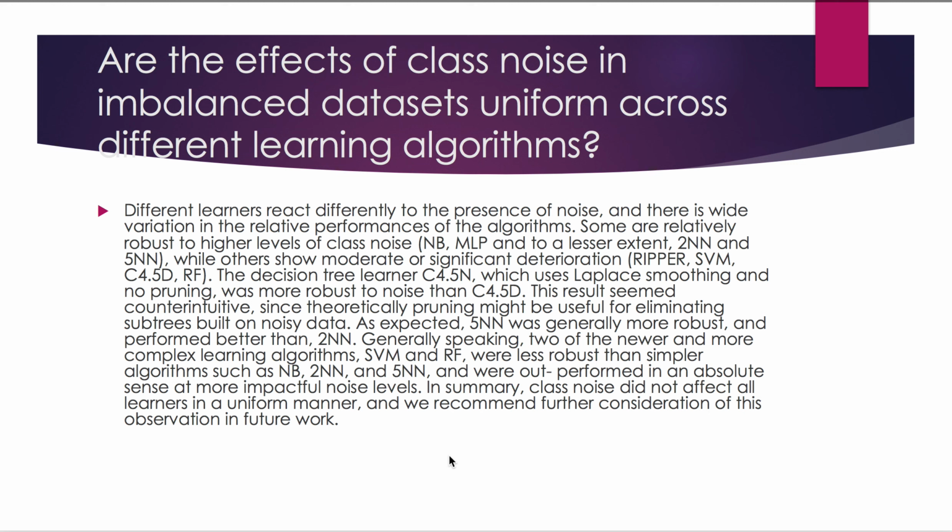Also, as expected, 5-nearest neighbor was generally more robust and performed better than 2-nearest neighbor. And it also points out that the newer and more complex learners actually do not perform as well as simple algorithms such as naive Bayes.